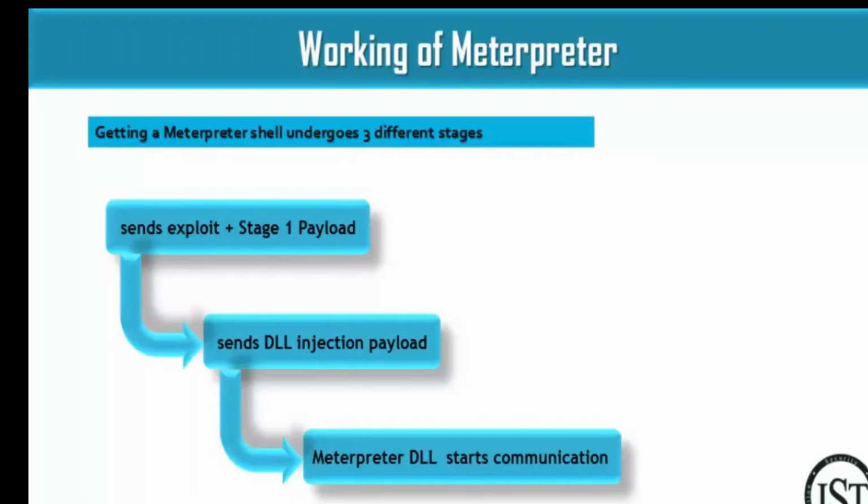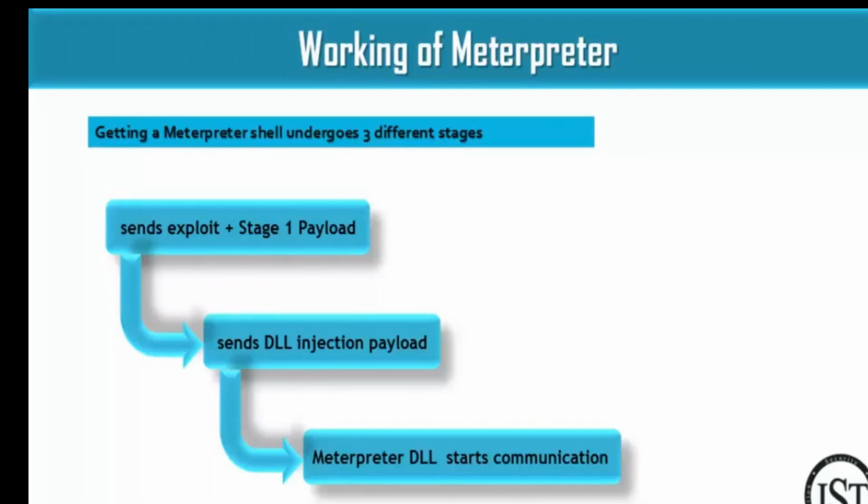The stage 2 payload gets executed and runs the meterpreter DLL from the attacker machine directly into the memory of the victim machine. Finally, in the last stage, connection establishment takes place between the attacker machine and the victim machine with a full-fledged session.